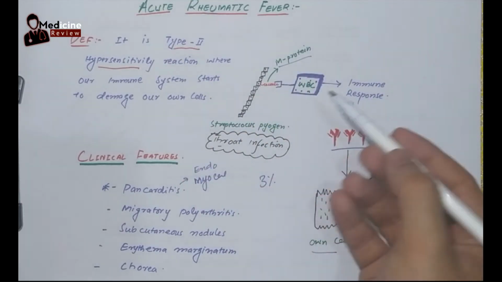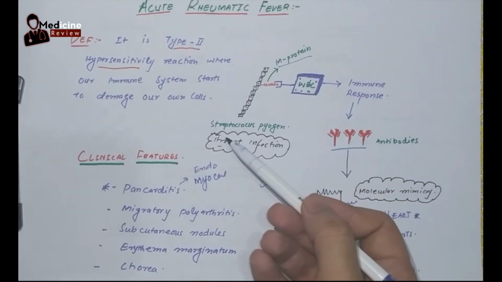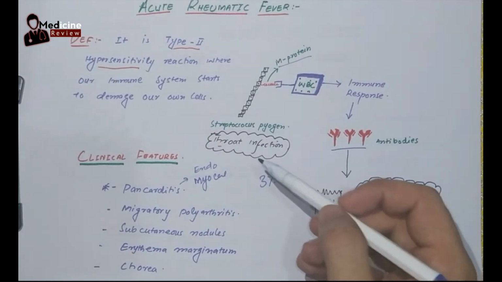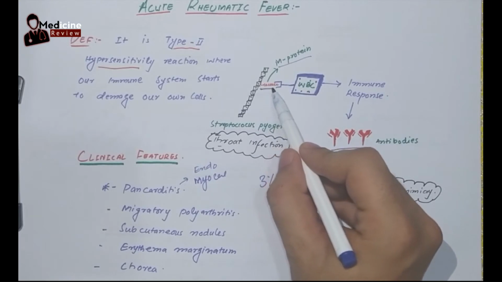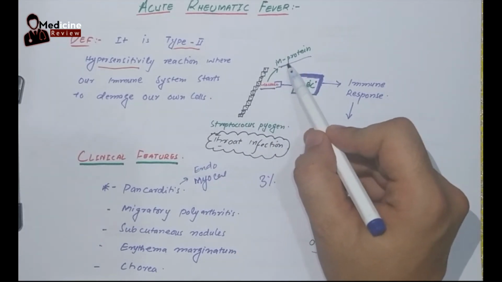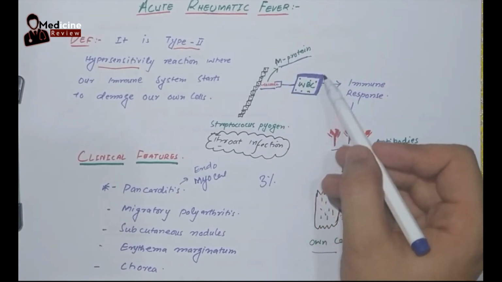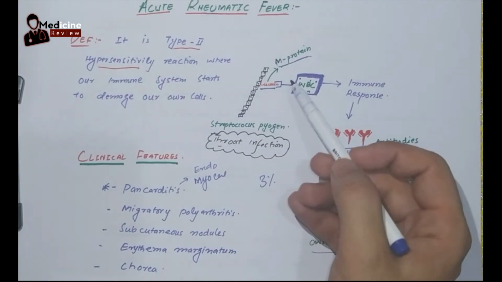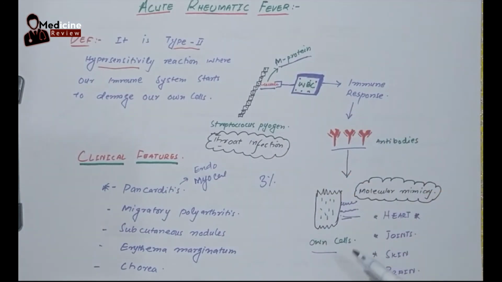Now if we look at the pathogenesis, for example, if someone gets infected with Streptococcus pyogenes, which usually causes throat infection, this Streptococcus pyogenes contains one specific protein called M protein. When sensed by our immune cells, they catch this M protein and in response produce certain antibodies.